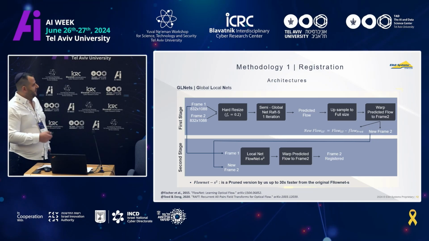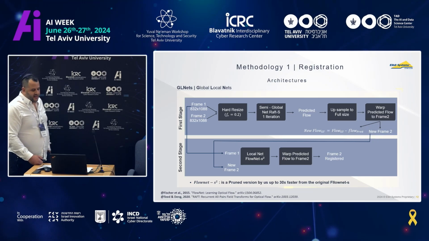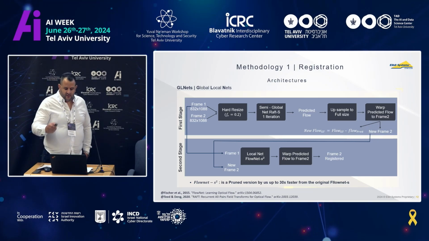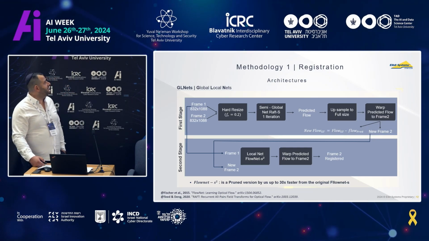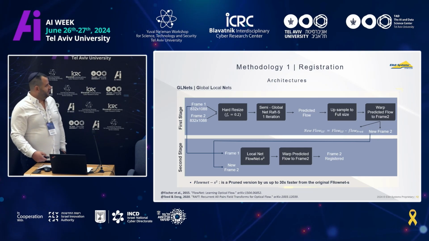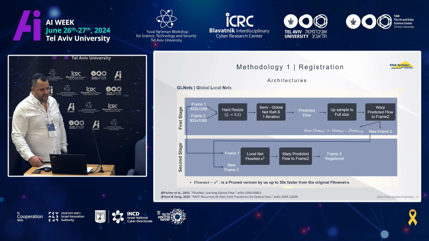Let's see what the solution is. The name we give to this entire neural network is GLNets, Global Local Nets. It's built from two parts. The first is a semi-global network stage, and the second is a local stage.